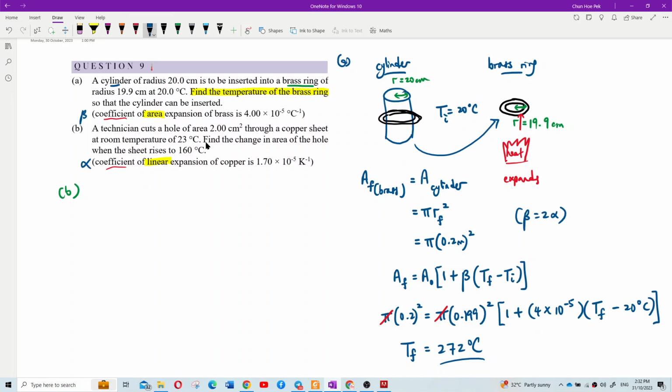Alpha. Understand? Linear is alpha. So beta and alpha all depend on material. Brass, copper, different materials have different coefficients. All these two values depend on material.